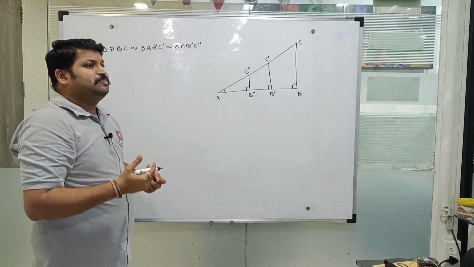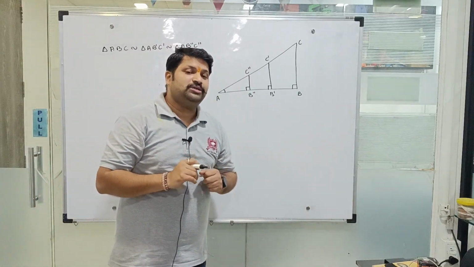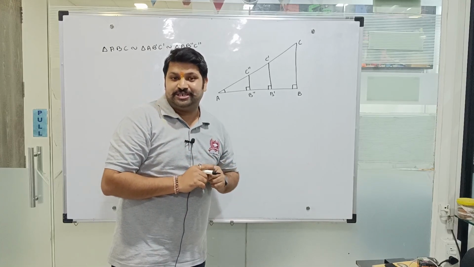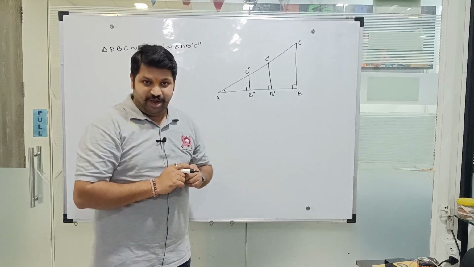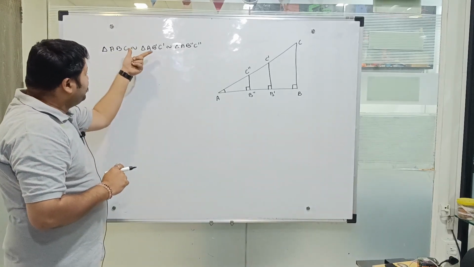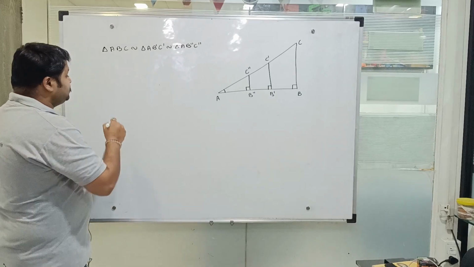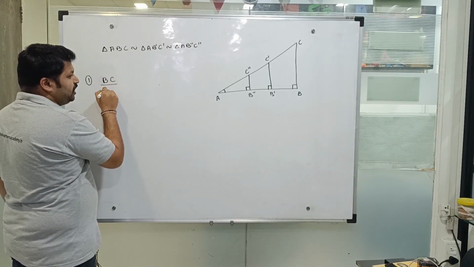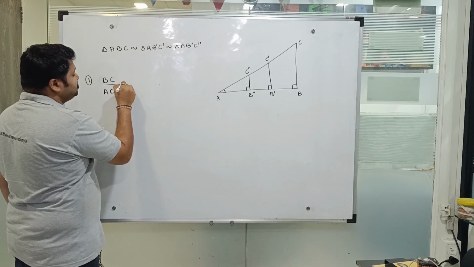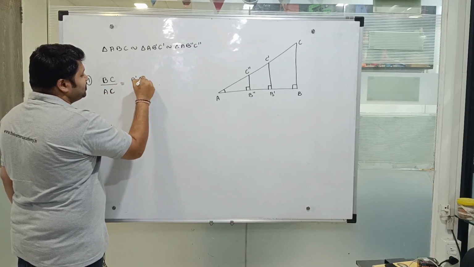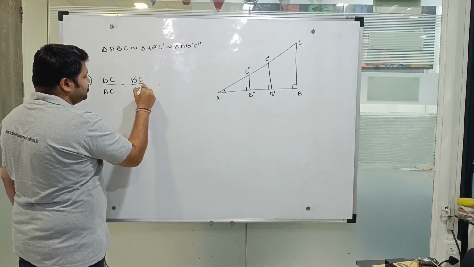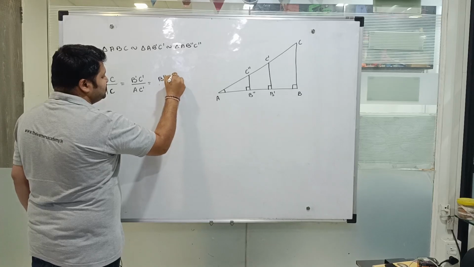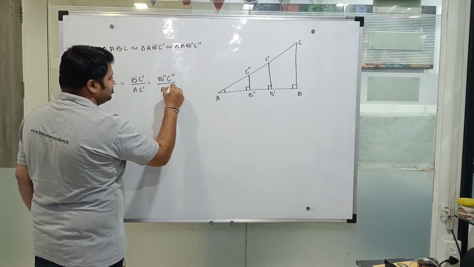Now what does this imply? If two triangles are similar, then the ratios of their sides are going to be equal. So what this would mean is, first, BC upon AC will be equal to B dash C dash upon AC dash will be equal to B double dash C double dash upon AC double dash.